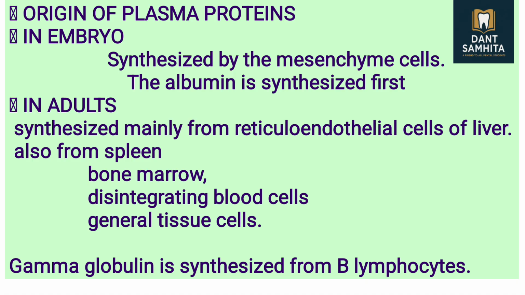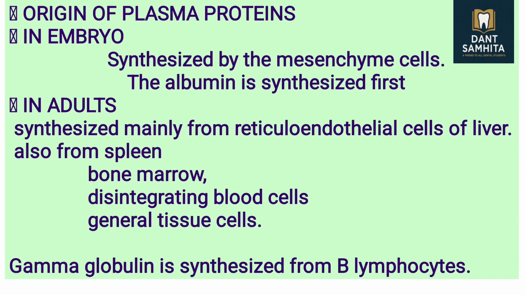In the adults, it is mainly in the reticuloendothelial cells of the liver, nothing but the hepatocytes. They are mainly produced in the hepatocytes, and also from your spleen, your bone marrow, disintegrating blood cells and general tissue cells. But mainly it is from the reticuloendothelial cells of the liver. And gamma globulin is synthesized from the B lymphocytes. So these are very, very important.